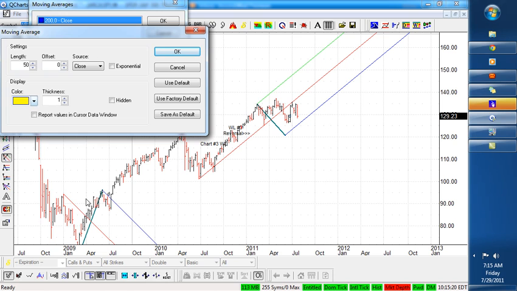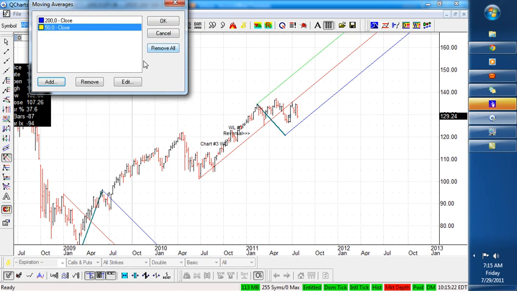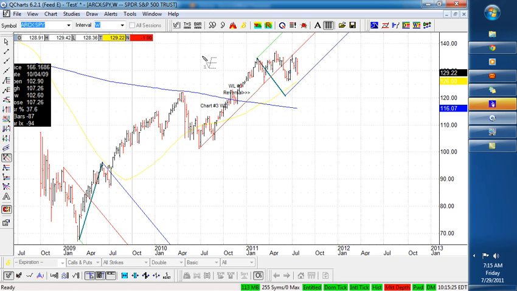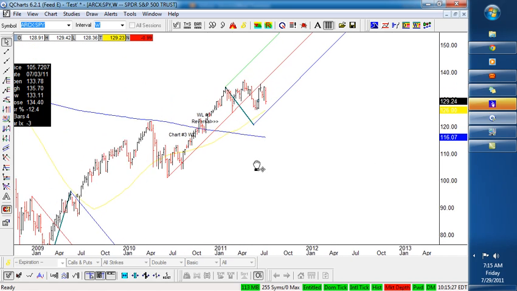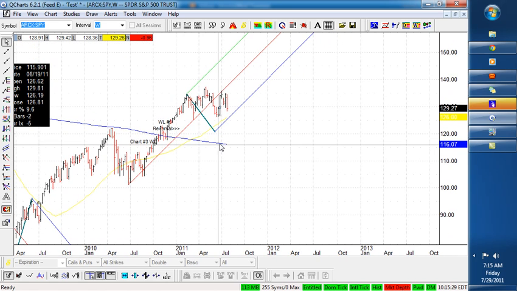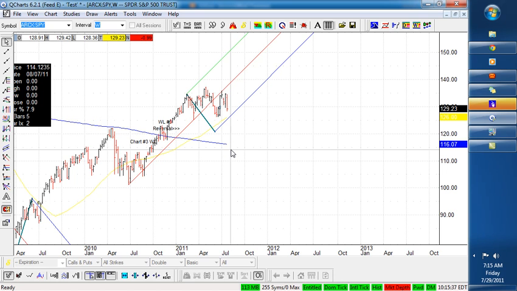Okay, well, there's a theory called the golden cross, and that is when prices cross both of them. And here's your 200-day that you then have a move in the new direction, and we can see that your 50-day is somewhere around here.